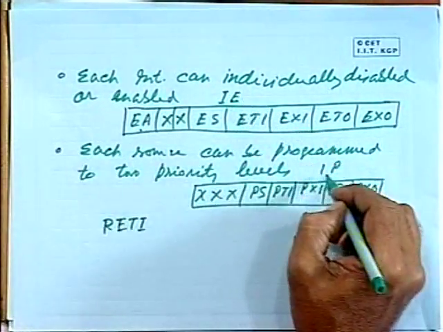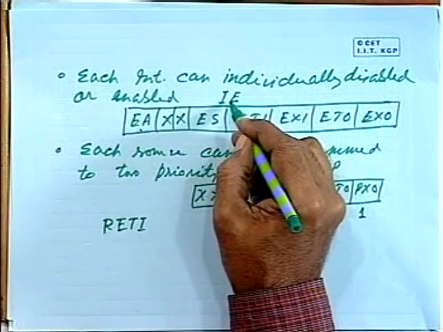So whenever you are not executing these 3 instructions, it is the last machine cycle of an instruction and no higher priority interrupt is under execution, the interrupt will be accepted. Otherwise it will be ignored. So this is how the interrupt system works in the case of the 8051.